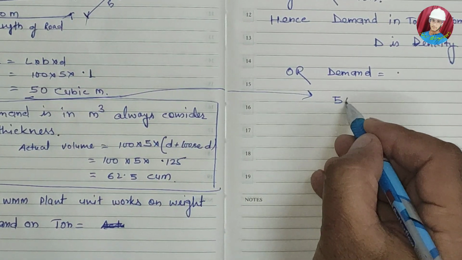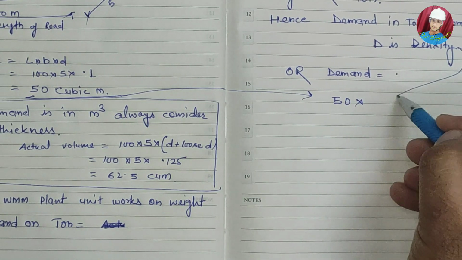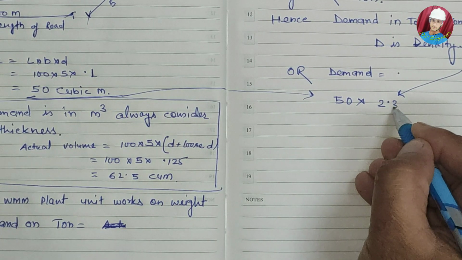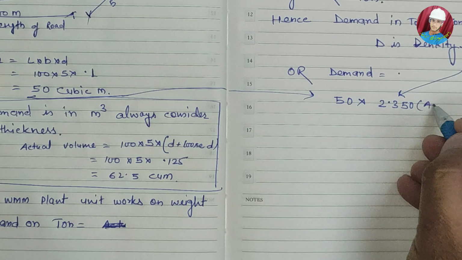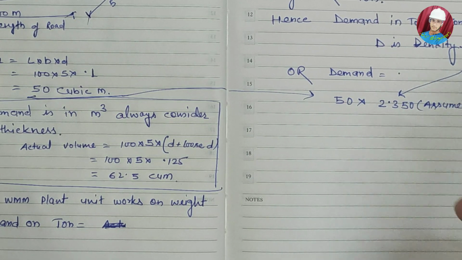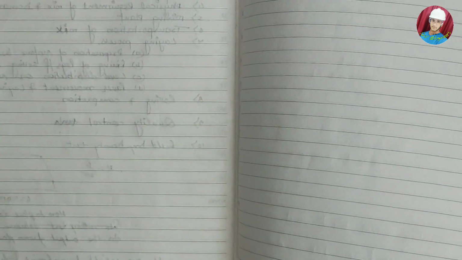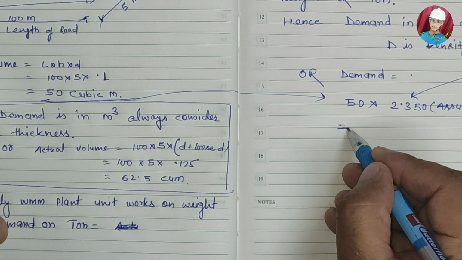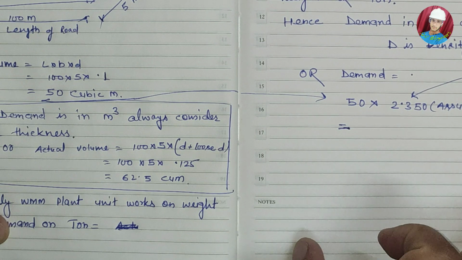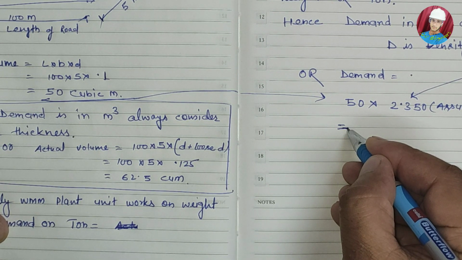So directly 50 cubic meter into density. So density here I am assuming that it is 2.350. Maybe as per the MDD and other lab tests, you will find some different densities in different sites, but on an average I have taken it 2350.